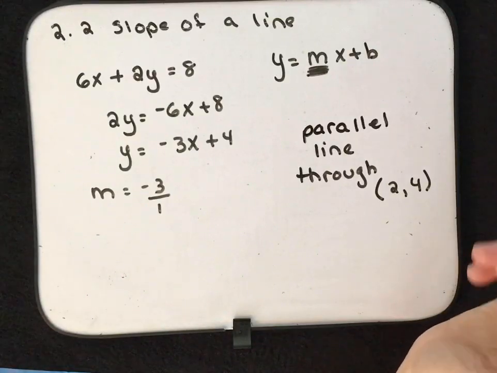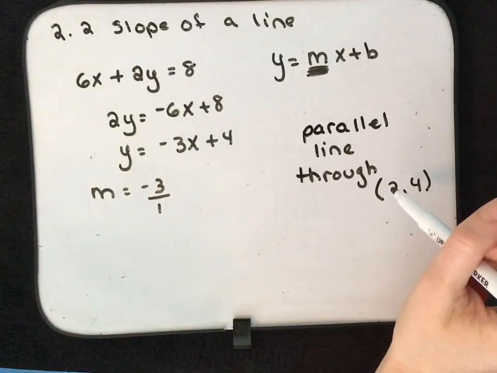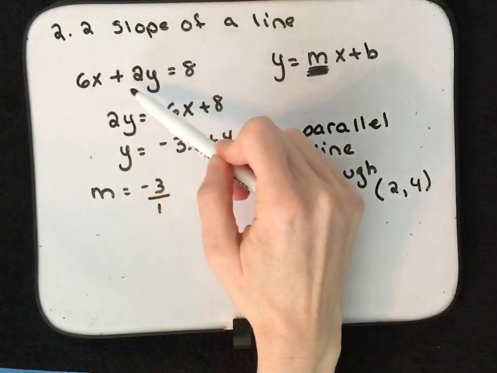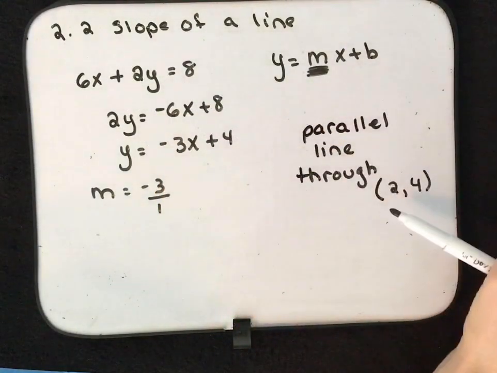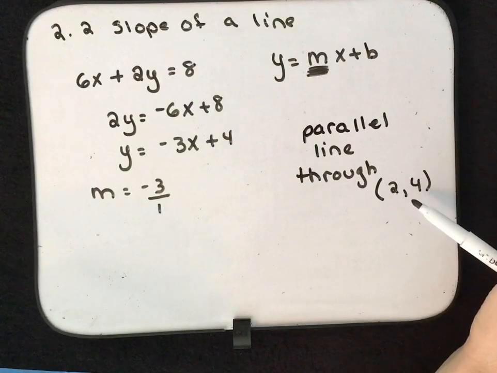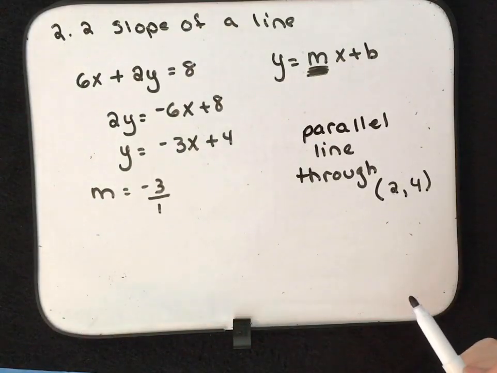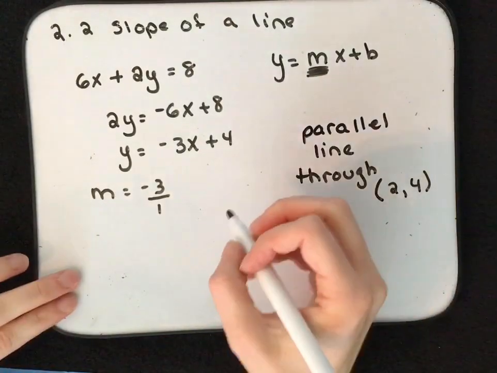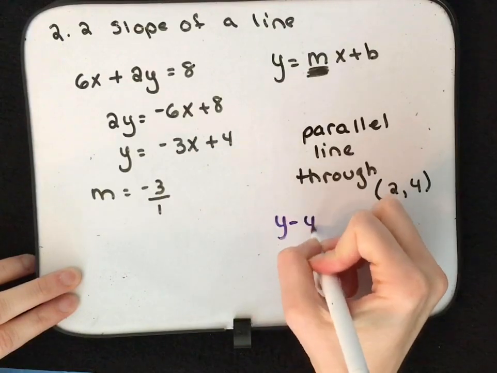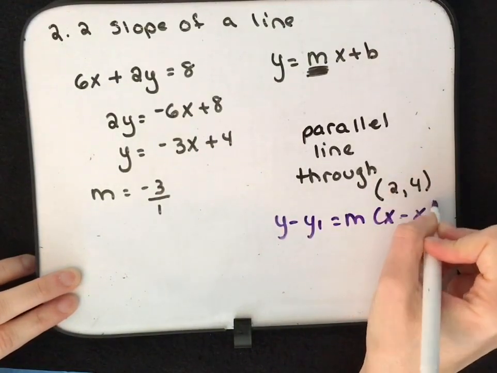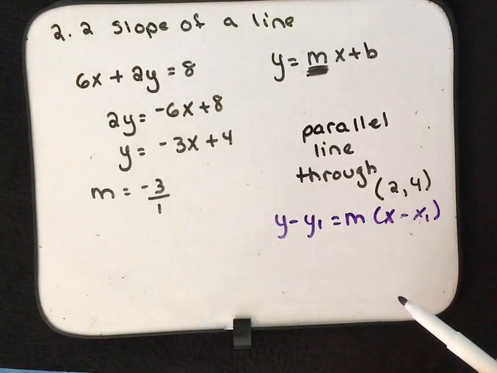So that means that we want to find a line that is parallel to 6x plus 2y equals 8, and passing through the point 2, 4. So that means that we need what is called our point slope form. So we have y minus y1 equals m times x minus x1. This is point slope form.